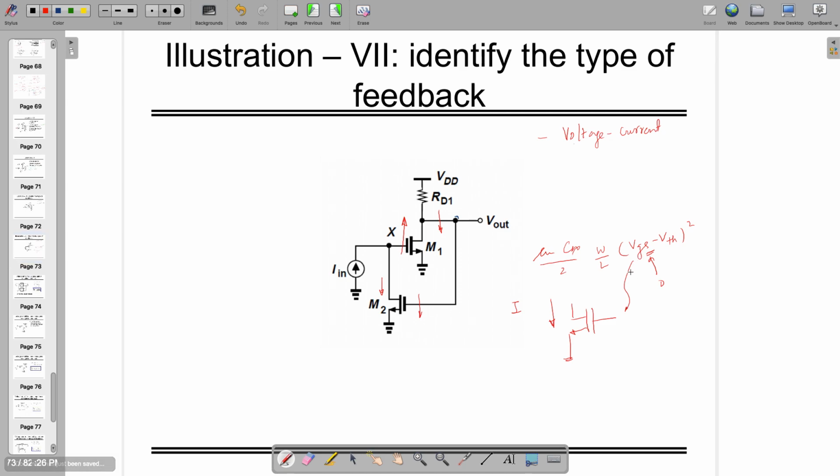So if the gate is decreasing, the current is also decreasing, and if the gate is increasing, the current is increasing. In the current amplifier which we have studied in the current mirror, that gain was voltage gain. So right now, as the voltage is decreasing, the required quantity at the input side is also decreasing, and that's how this becomes a negative feedback loop.